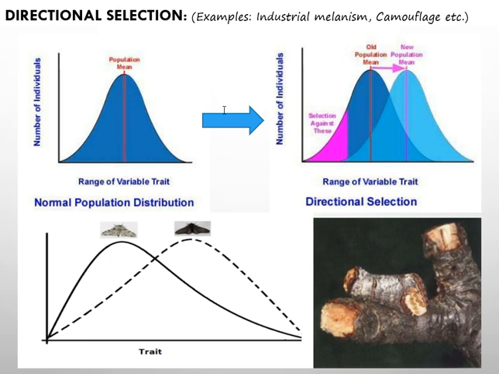So, here this is the normal population, and with the change in environmental condition, the population mean is changing in this direction. In case of this moth, the fitness of the selection of the trait is shifting from the lighter form to the darker form. So, that is why it is called directional selection.